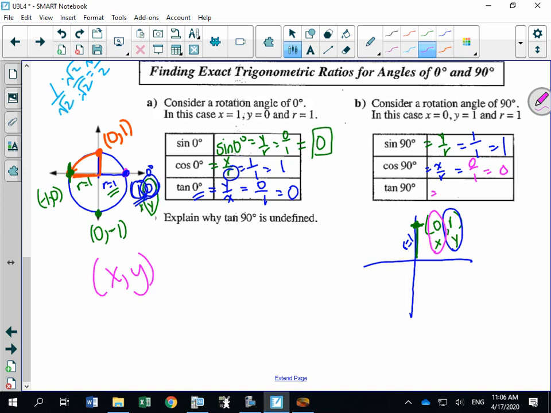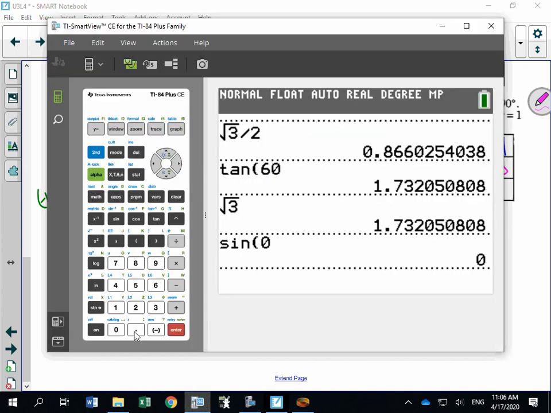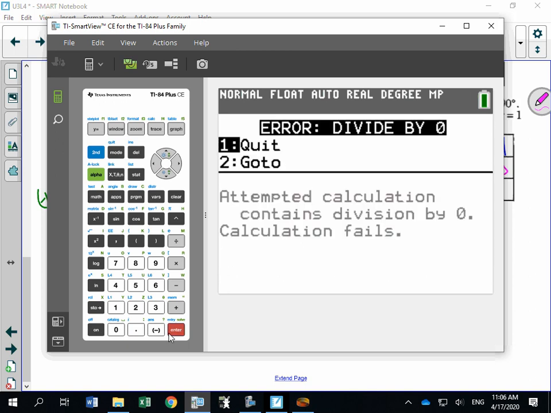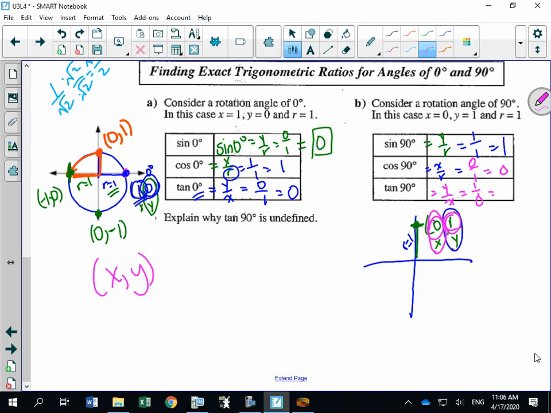Tan of 90 degrees is y over x. Y is 1. X is 0. 1 divided by 0 is undefined. You could never divide a number by 0, and you learn that in rationals. So the tan of 90 degrees is actually undefined.